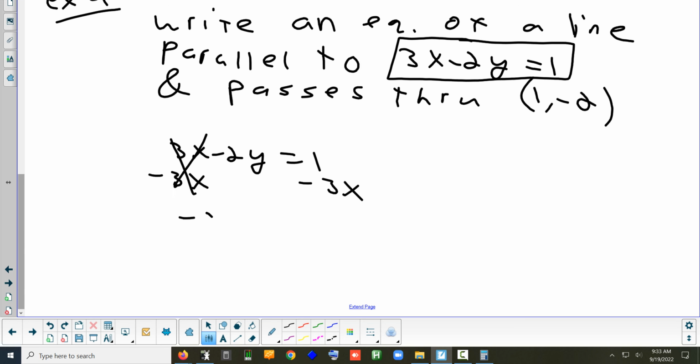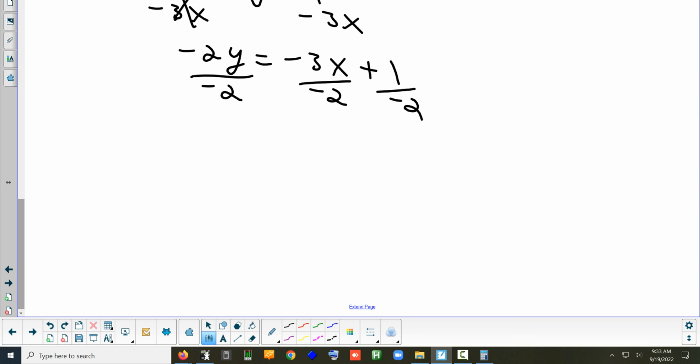So that's gone. And now when I divide by negative 2, where do I have to do it? Left side, and on the right. Yep, we got to do it there, and we got to do it over here, just like that.